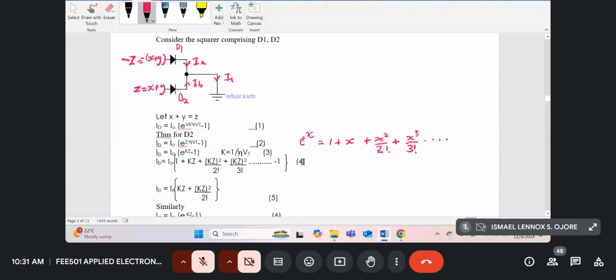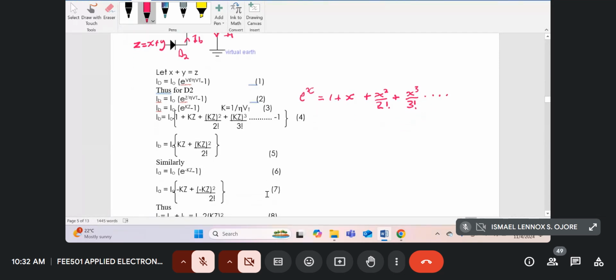Now, these higher terms after the second factorial are very small, so we can neglect them. We can neglect any higher term starting from 3 factorial. And the 1 in the beginning will cancel with this other 1. So I'll just remain with kz plus kz all squared over 2 factorial, which is just 2. So we can say that I_B is I naught into kz plus kz squared over 2 factorial, which is just 2. So that's how we get 5.